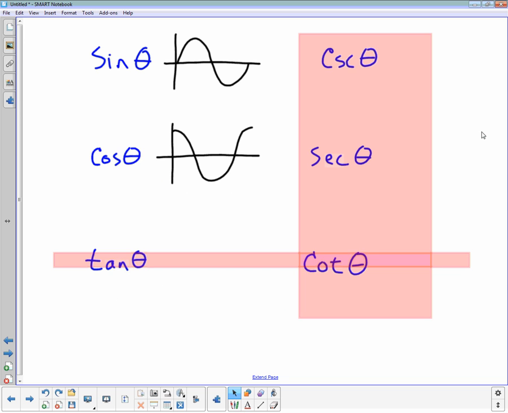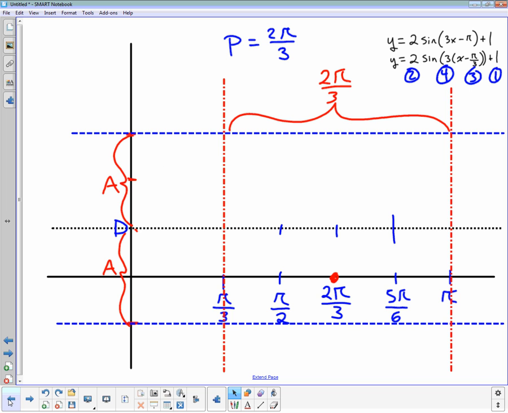Okay, so sine starts at 0 and cosine starts at 1. So let's go back here. Now, we've drawn all of our points. We've got our window. We've built our box. Now I'm just having to draw the sine. Sine starts at 0.